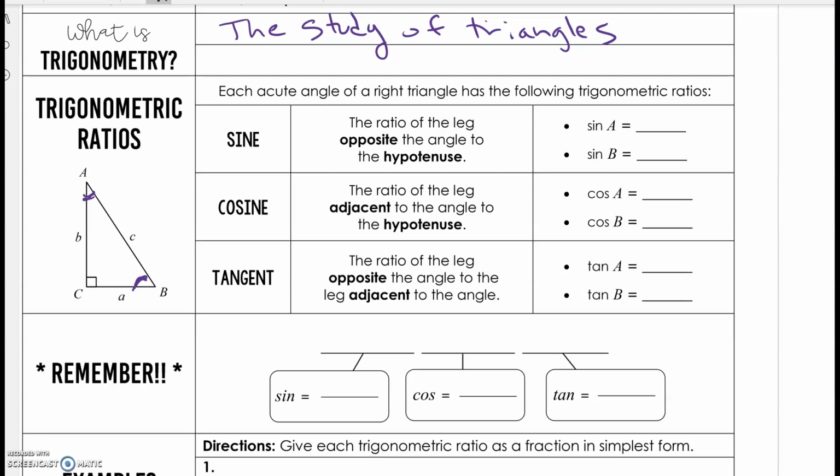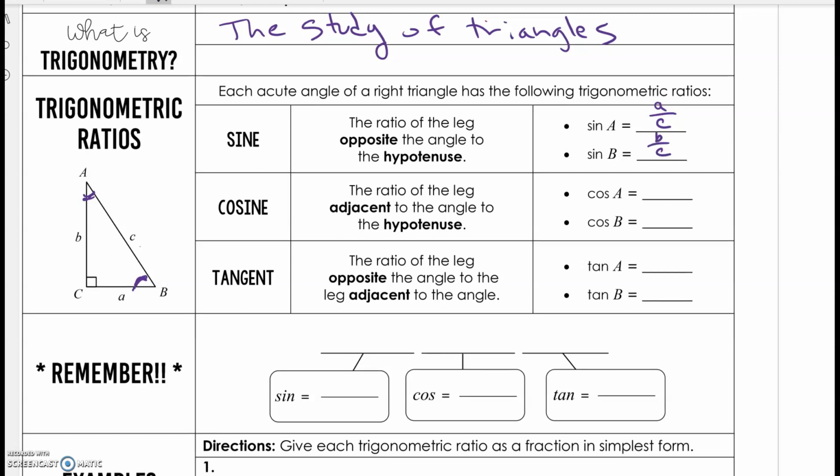For example, looking at angle A, the opposite leg would be lowercase a over hypotenuse C, so we would write A divided by C. The sine of angle B is the ratio of opposite side, lowercase b, over hypotenuse C, so we would write b over C.